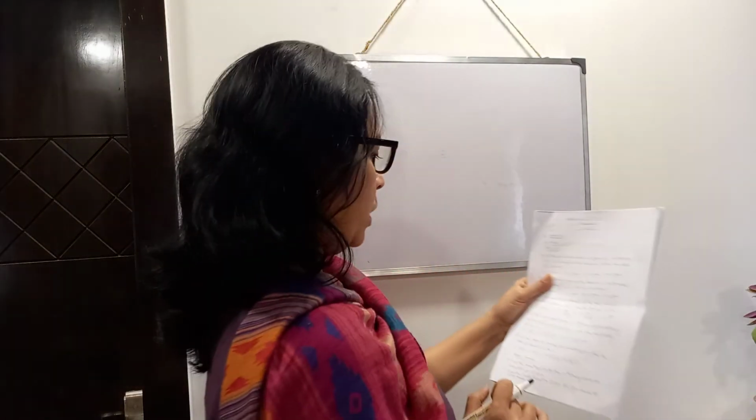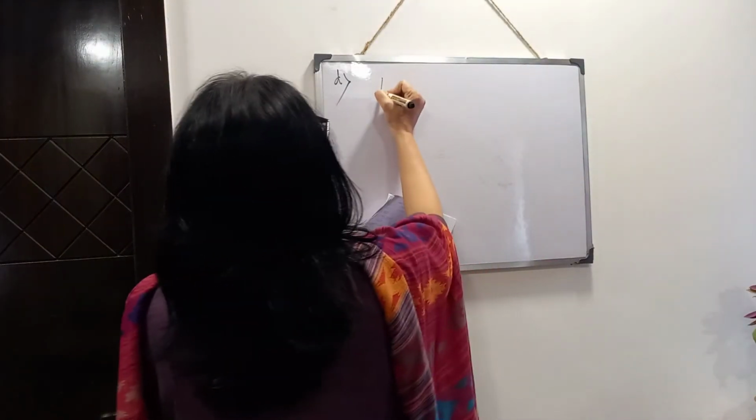If the total interest becomes rupees PXR by 25 for any principal having the rate of simple interest R% per annum for X years, then the principal will be this. Okay, total interest. So what information is there?